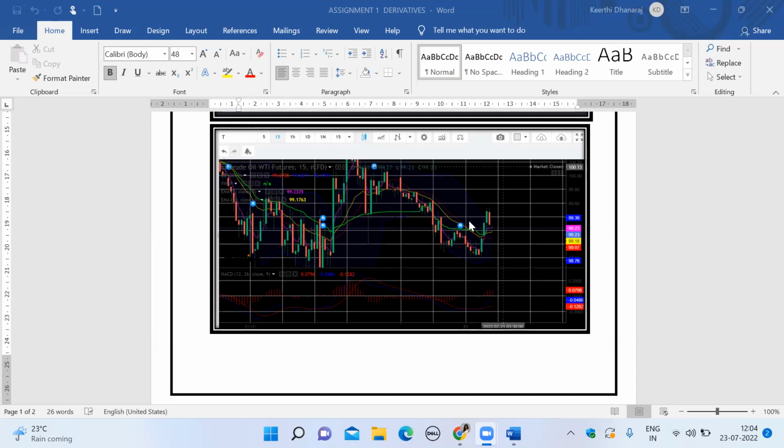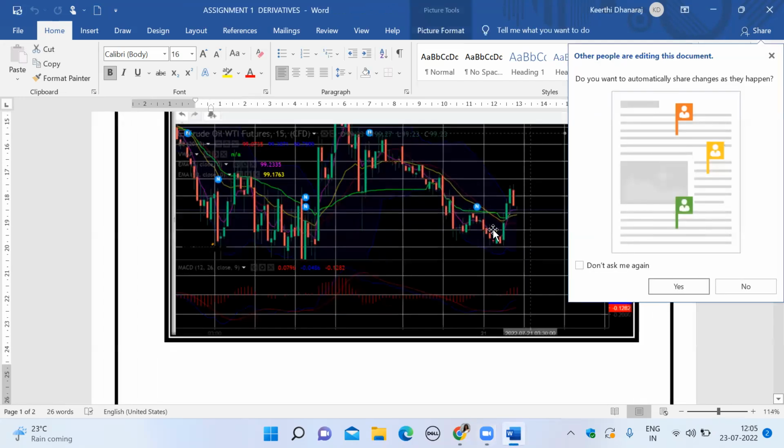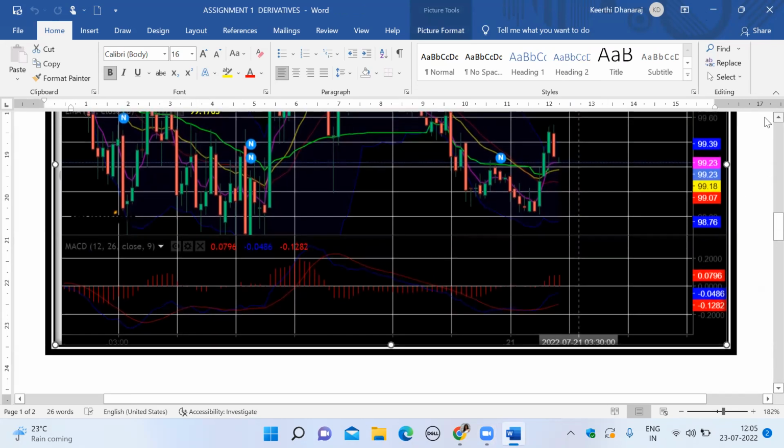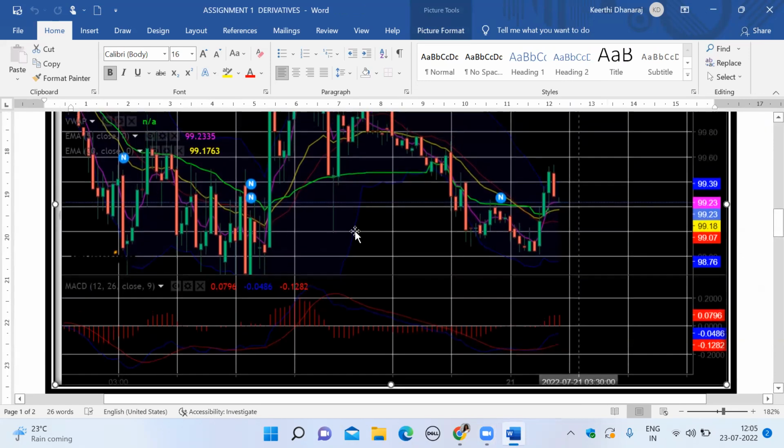Based on the analysis, over here I was able to see that the blue line was overlapping the red line in MACD. And the stock was actually overvalued at that exact moment. So it was going on an overvalue.